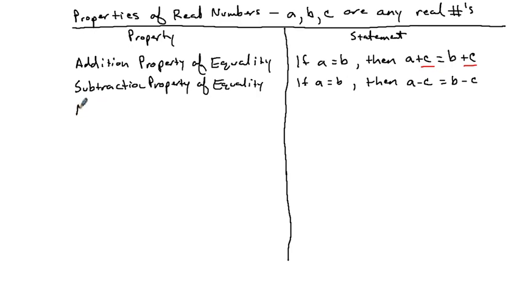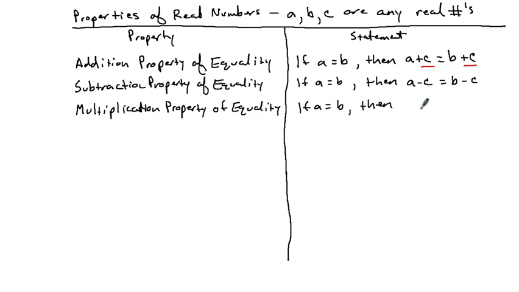Then we're going to have the multiplication property of equality. And again, it's going to say if A equals B, then A times C equals B times C. And I bet you can guess what the next one's going to be. It's going to be the division property of equality.